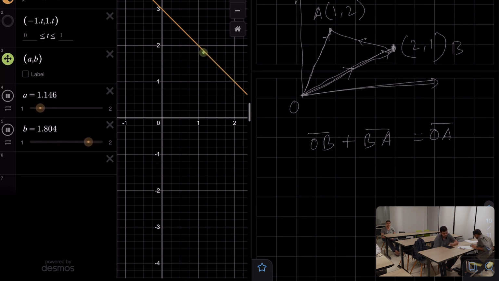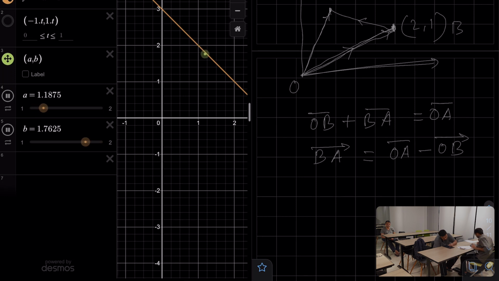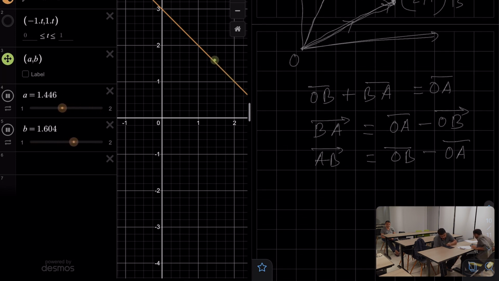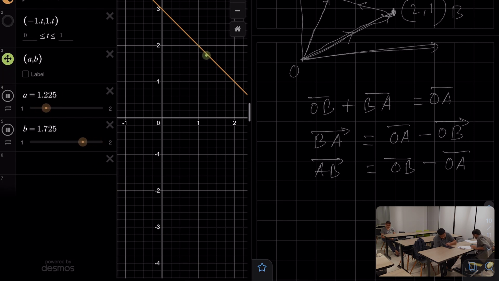And simply BA is equal to what? OA minus OB. And you can change the direction, like AB, this will be what? OB minus OA, right? Okay, so BA is what?